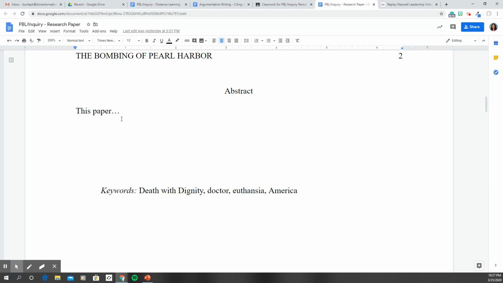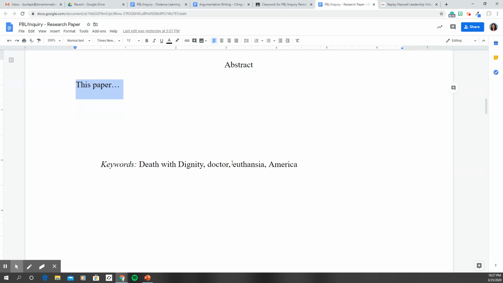And in APA, you do that for what you write as well. So you would write a little 6 to 7 sentence summary about your sources, about your main ideas, and then you would use your keywords as well, listed here. You might say behavioral health, sleep, teens, whatever your 3 to 5 keywords are.